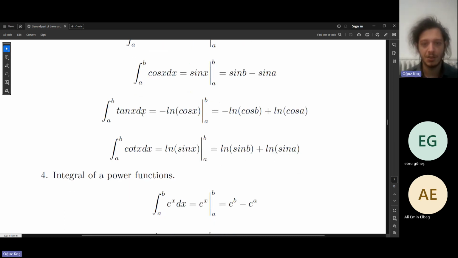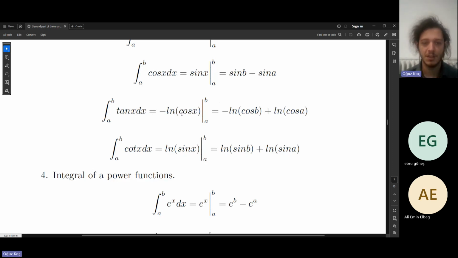And we have the tangent function here. The integral of the tangent function is equal to minus natural logarithm of cos x. When you take the derivative of this term, it is equal to sin x over cos x, which is equal to tangent x.